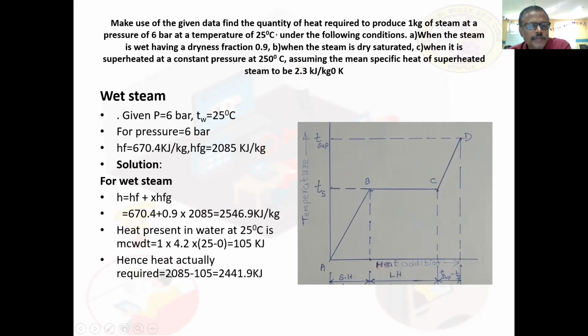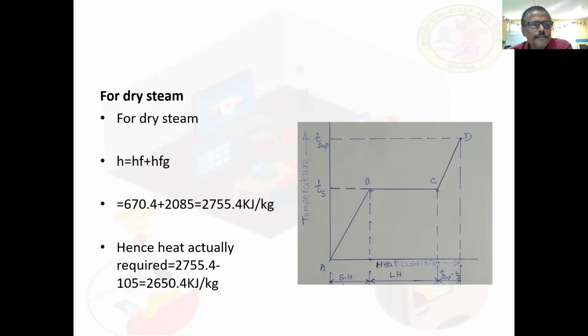So here actually you have to subtract. Heat actually required is 2546.9 minus this 105. This correction you have to make here. So you will get the answer, that is heat actually required.